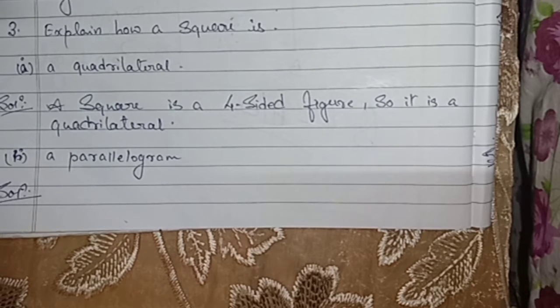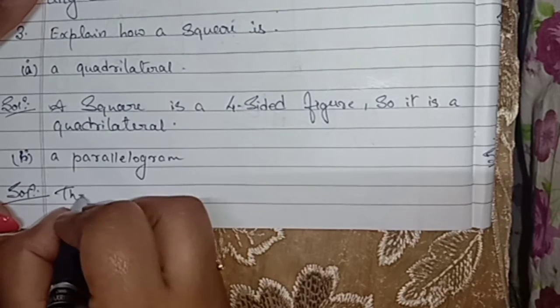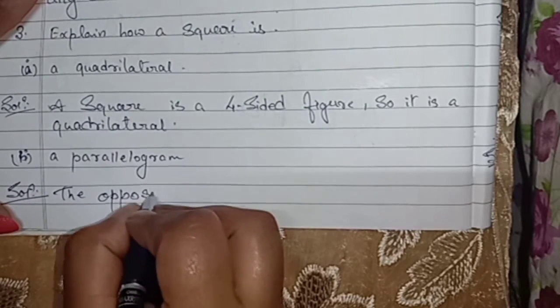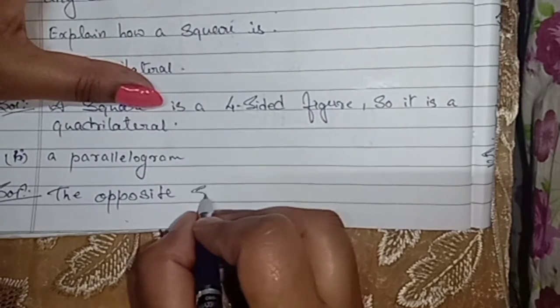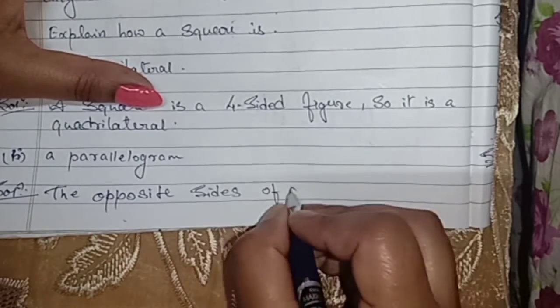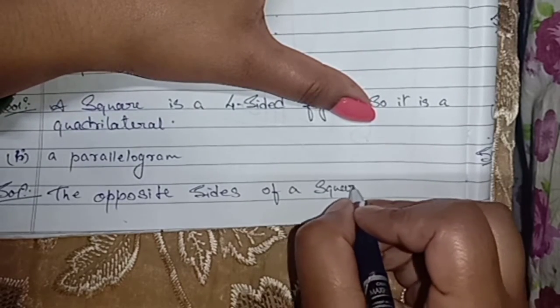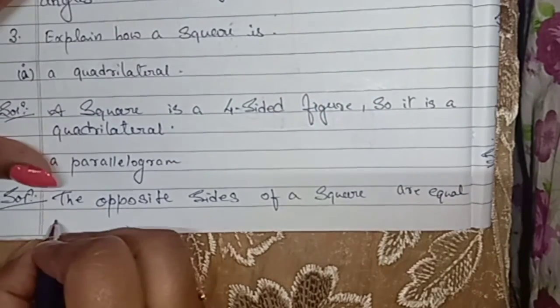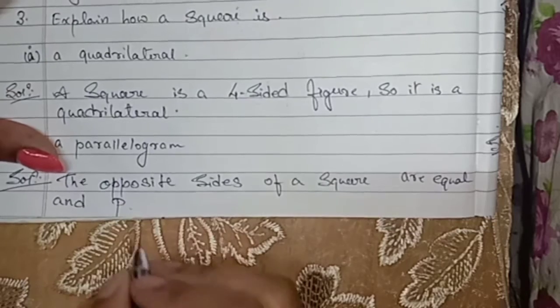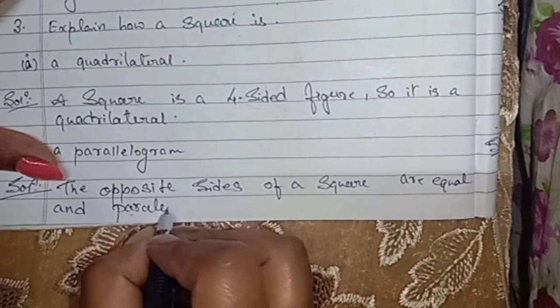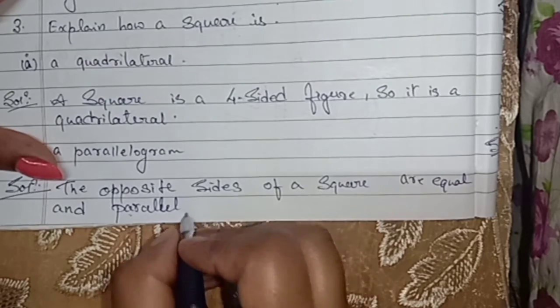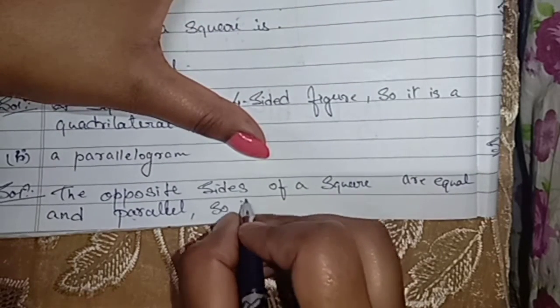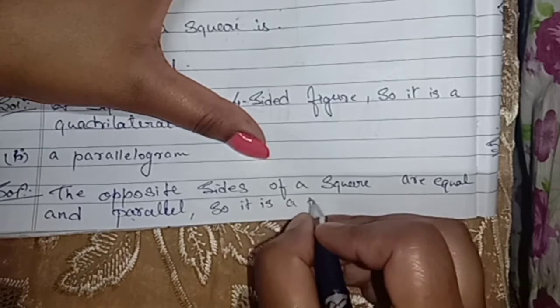So the answer: the opposite sides of a square are equal and parallel, so it is a parallelogram.